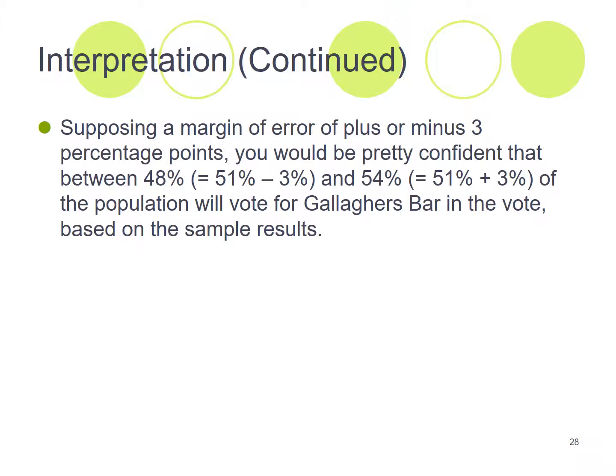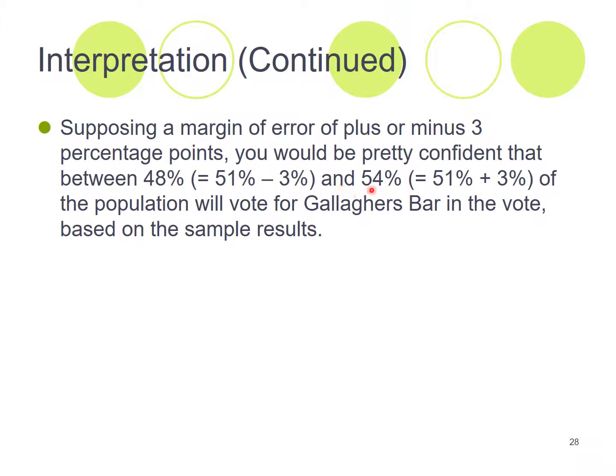Okay, following on from that previous point, supposing the margin of error is plus or minus 3 percentage points, you would be pretty confident that between 48%, which is 51 minus 3, and 54%, 51 plus 3, of the population will vote for Gallagher's Bar. Now, if only 48% of the people vote for you, you don't win.